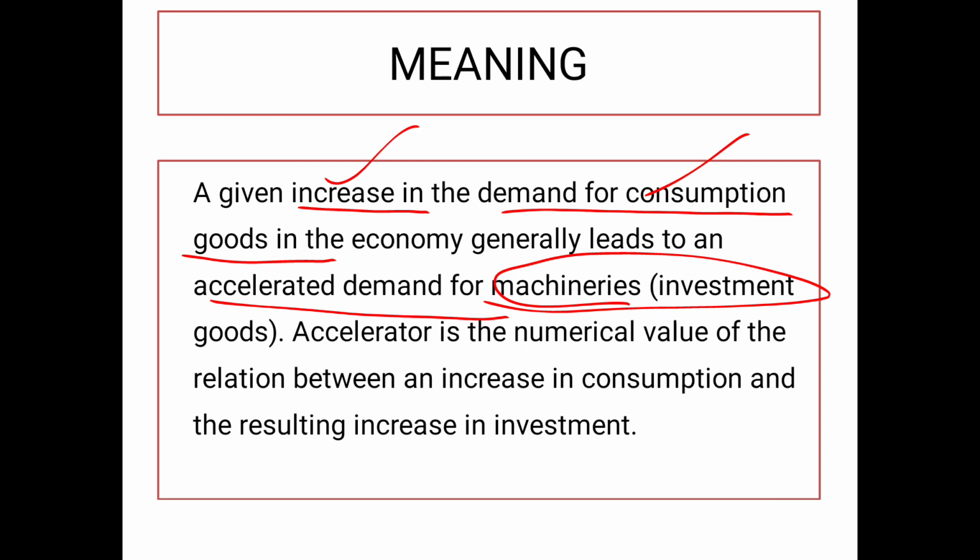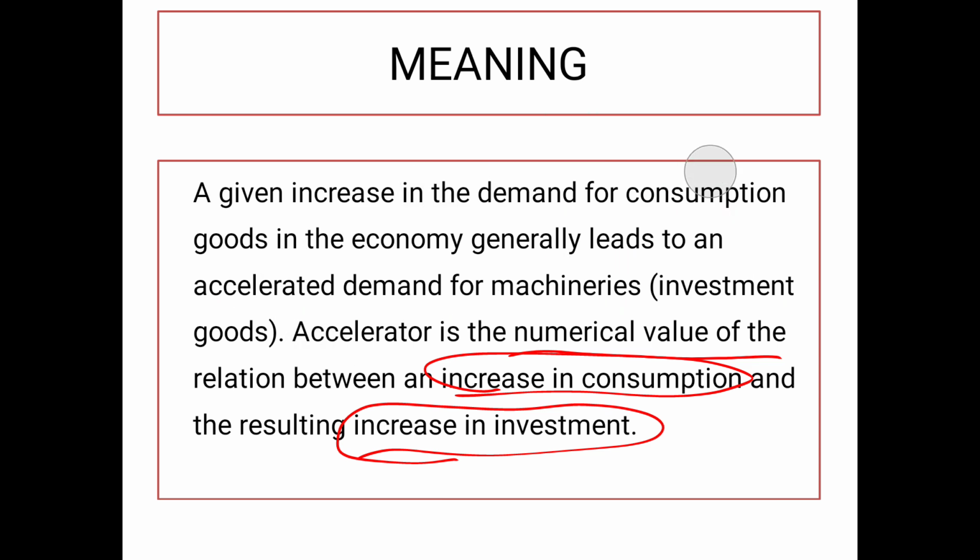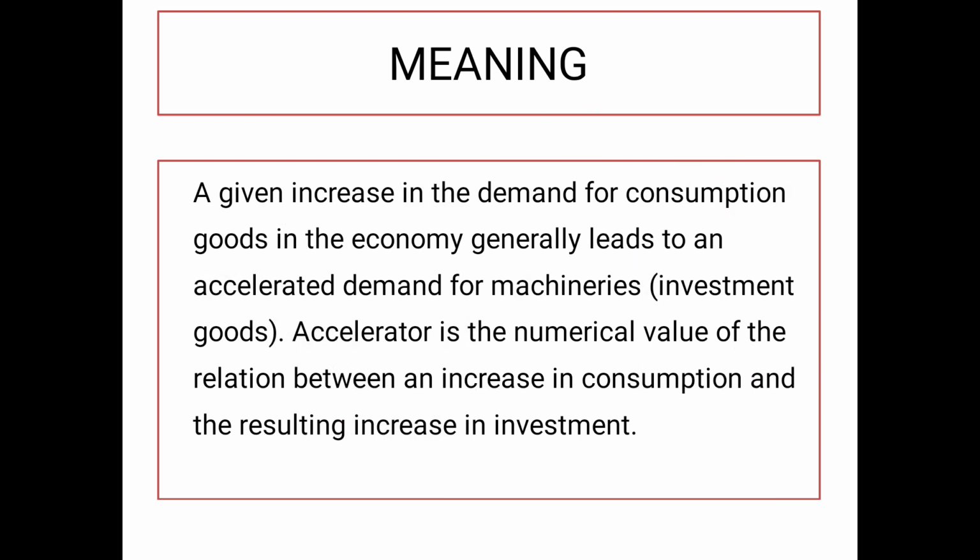If machines have to be brought in, investment has to be done. So accelerator is a numerical value of the relationship between increase in consumption and the resulting increase in investment. As investment increases, all of us know that income increases, and because of that there is an increase in consumption.